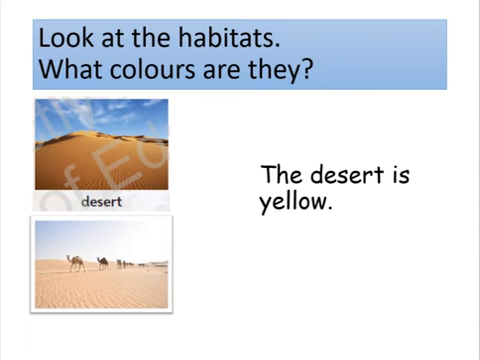For some of the deserts, they are brown. Different deserts, different colors, because of the sand colors. Some sand colors is yellow or brown.